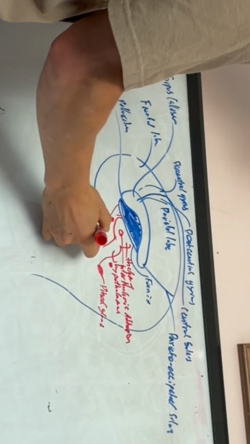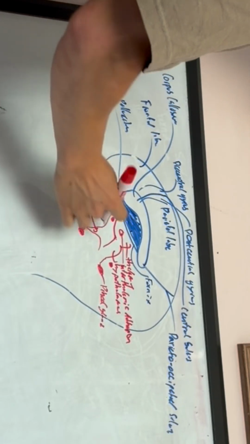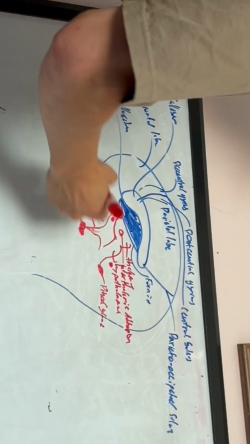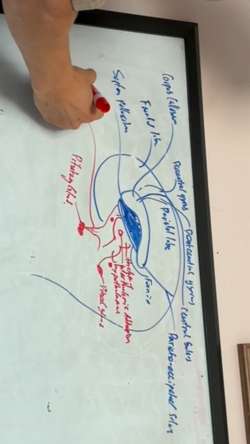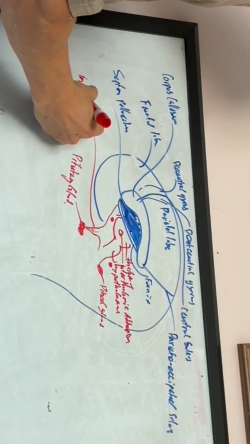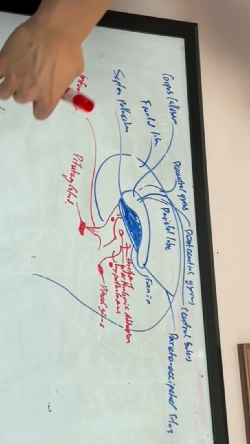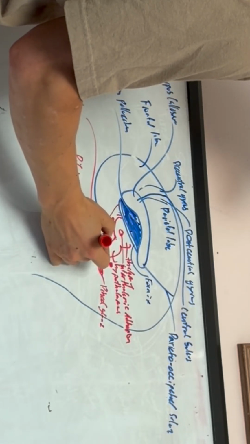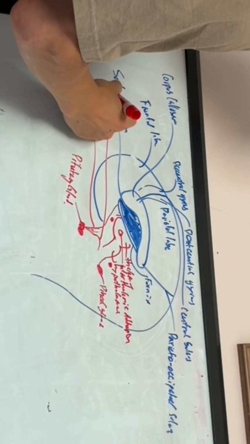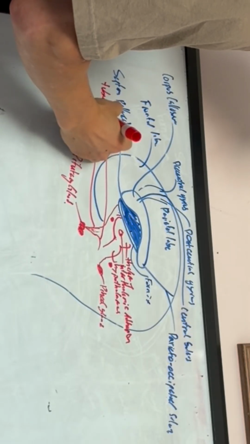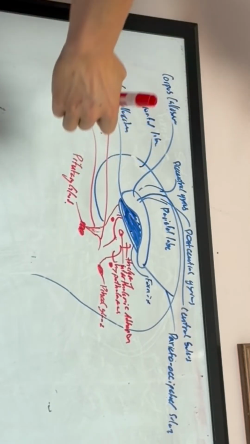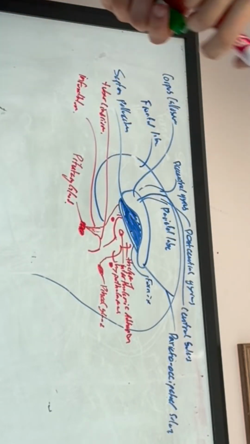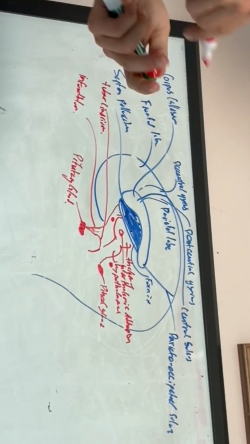The thing that holds it, this arrow here, is called the infundibulum. This line here is called the tuber cinereum. And this goes into the brainstem, which is the last thing we have.